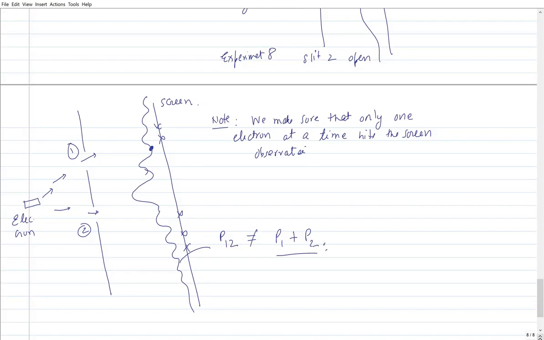Miraculously, and something which is at the heart of quantum mechanics, the electrons, like bullets, were observed in lumps, or what we call particles. But yet, when I open both the slits, I see an interference pattern. And not only that, the most essential part of this experiment is that every electron interferes with itself.